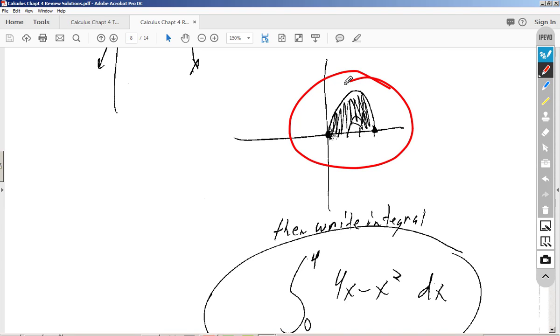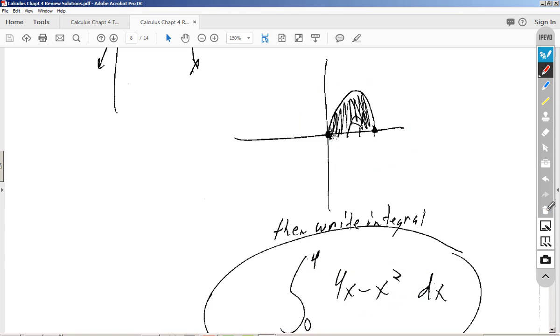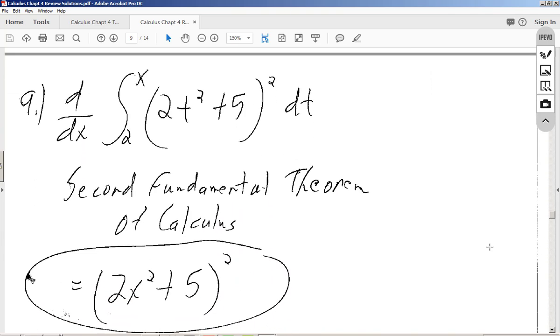So I'm going to go from, here's my x value, 0 to 4. So here's 0, here's 4, and that's of the equation 4x minus x squared dx. And so that would be your integral that would represent that shaded region.